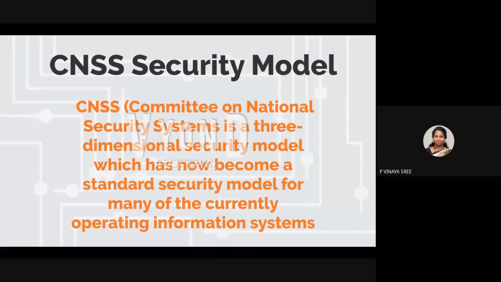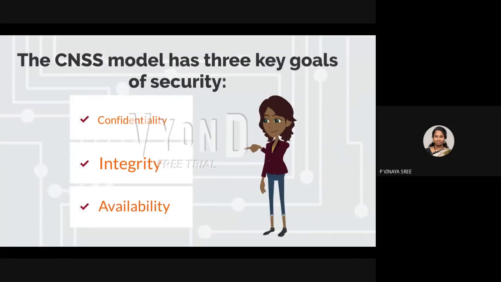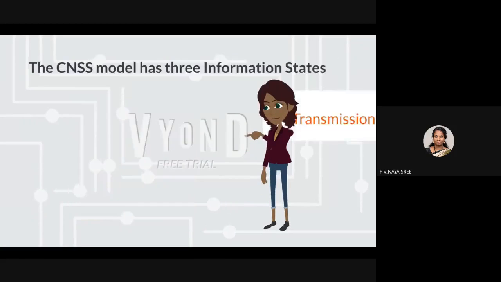The CNSS security model, Committee on National Security Systems, is a three-dimensional security model which has now become a standard security model for many of the currently operating information systems. This model has three key goals: confidentiality, integrity, availability.